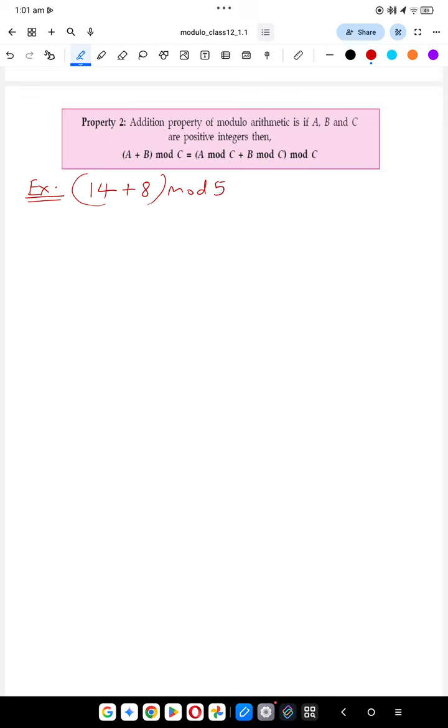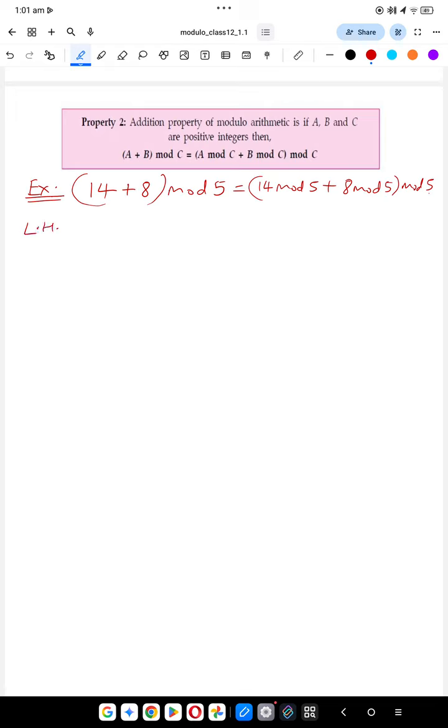Let's take the right hand side expression from this property and verify. It is 14 modulo 5 plus 8 modulo 5, the whole mod 5, right?